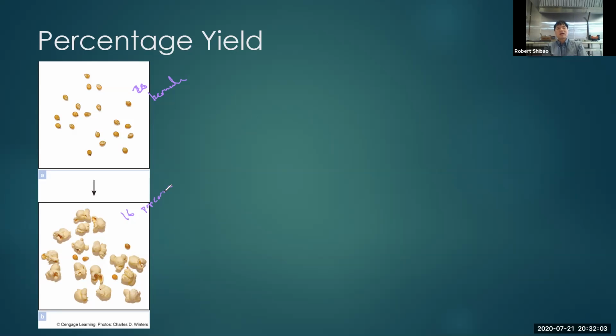And so this is what happens in chemistry. Sometimes you lose some, sometimes it doesn't react, something happens to it. And in this case, we lost 4. 4 went unpopped. And so we have something called percent yield. In theory, we should have gotten 20. And so the percent yield is equal to the actual yield over the theoretical yield times 100%.